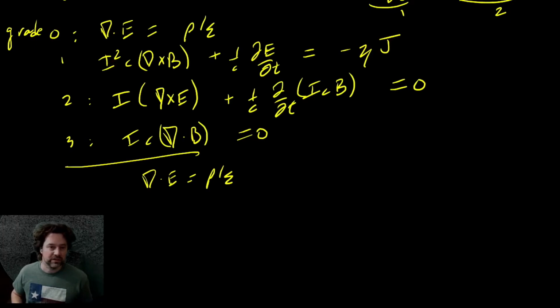And now here, I squared is minus 1. Let's just bring this to the other side as we normally do, and expand that out. So grad cross B is minus, so bringing d/dt here to the other side, we have a minus factor, but now we want another minus factor, so it's a plus.